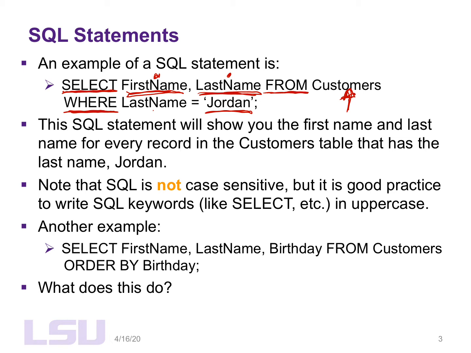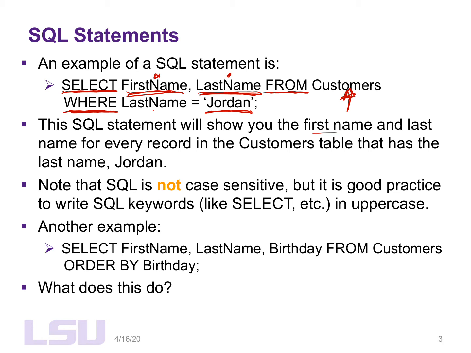So the first could be Michael Jordan, it could be Janet Jordan. It's going to give you all of the customers whose last name is Jordan. So that's an example of a SQL query or a SQL command. The SQL statement will show you the first name and last name of every record in the customers table that has the last name Jordan, like I explained.